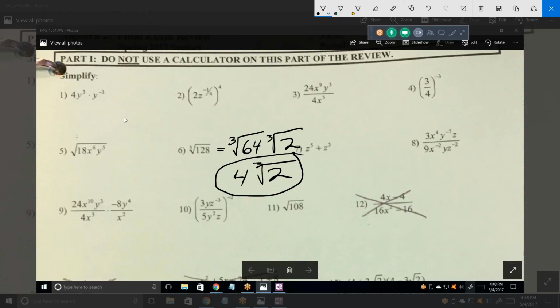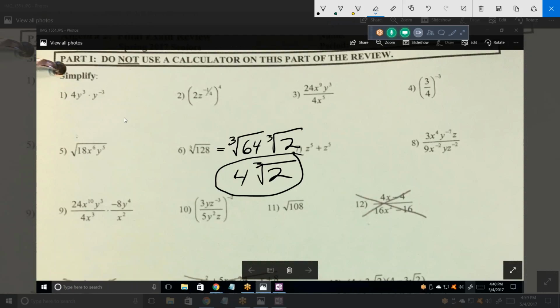There was a number in the middle, as opposed to number 5, where there was a number, an x variable, and a y variable. I found it easier to do number 5 by converting the whole thing to a fractional exponent, multiplying the exponents. But in this case, I didn't need to do that.